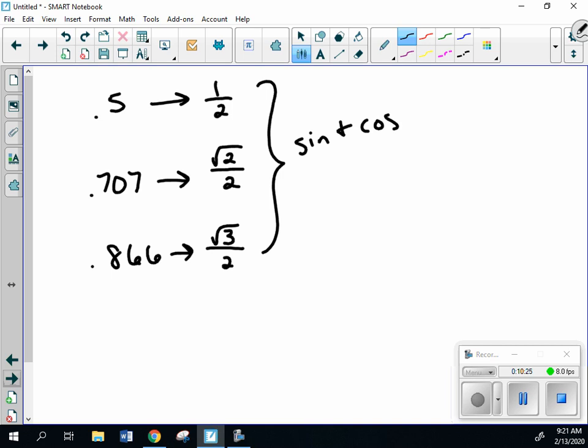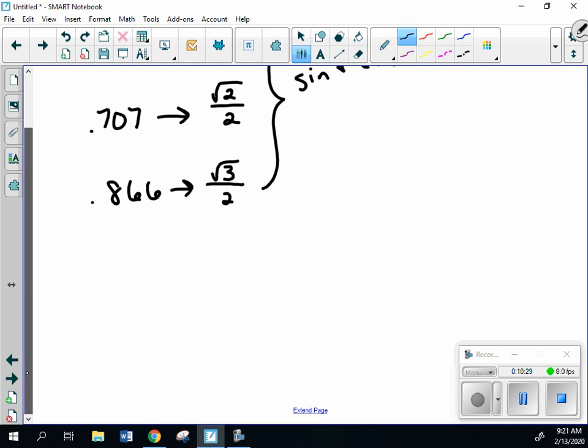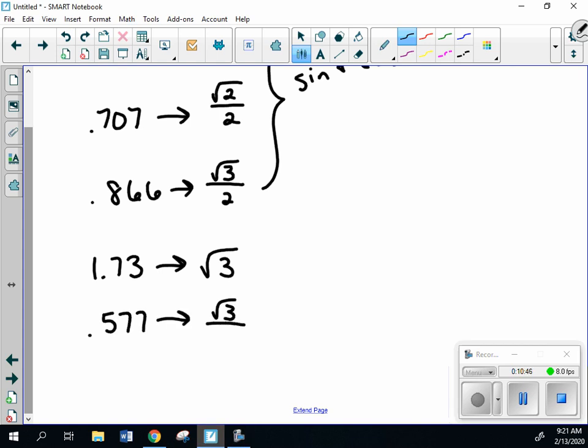There are two other decimals that you technically need to know, and that's based on the tangent values. 1.73 is the square root of 3, and 0.577 is square root 3 over 3.